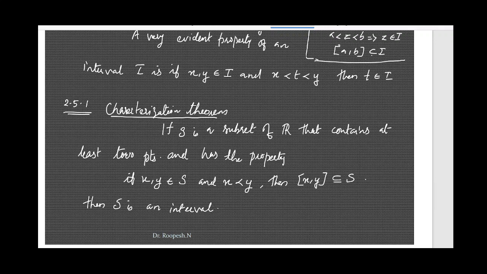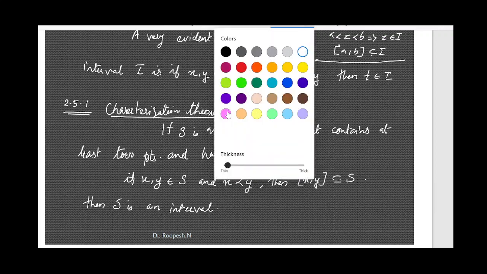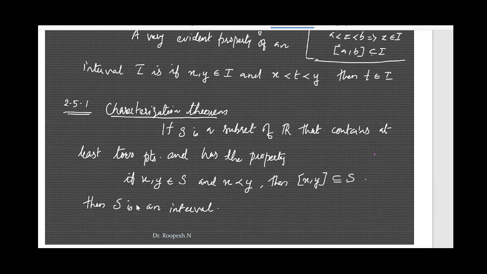So this is the characterization theorem. What does this theorem say? Whenever we have a subset of R that contains at least 2 points and has the property that if x, y belong to S and x less than y, then the interval [x, y] is contained in S, then S is nothing but an interval. That is what we want to prove.